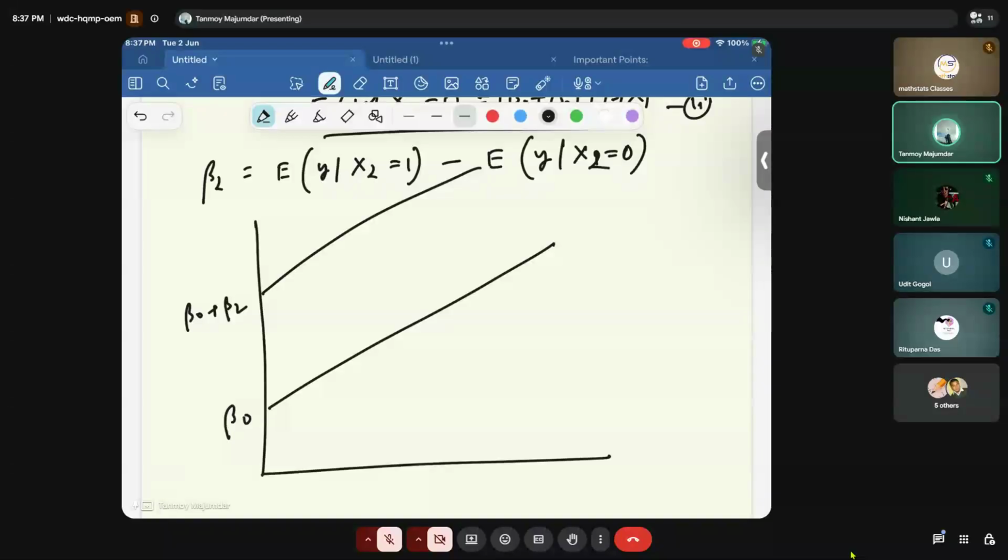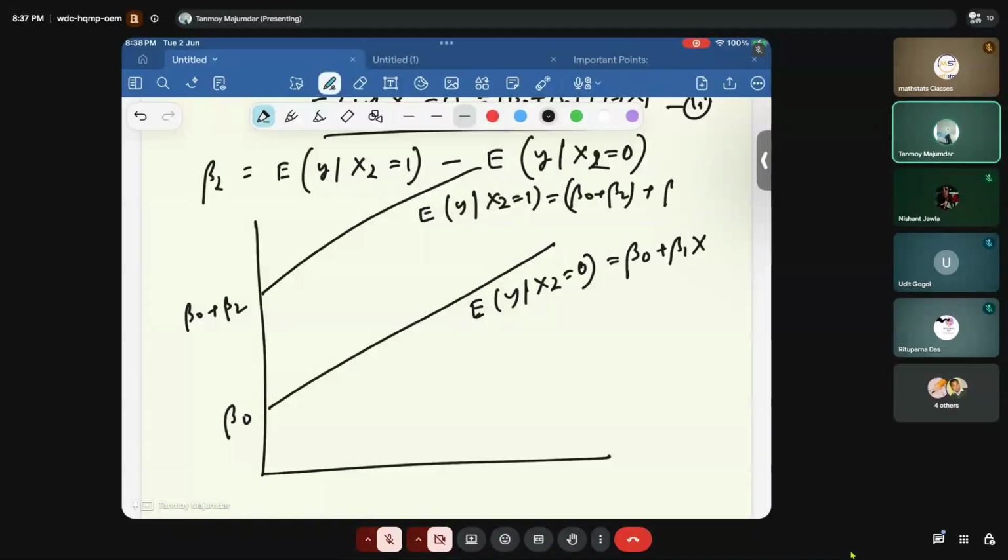This is the intercept of two models, and this is our expectation of y given x2 equals 0 equals beta naught plus beta 1 x, and this line, that is expectation of y given x2 equals 1 equals beta naught plus beta 2 plus beta 1 x. So here the intercepts are different, beta naught and beta naught plus beta 2.